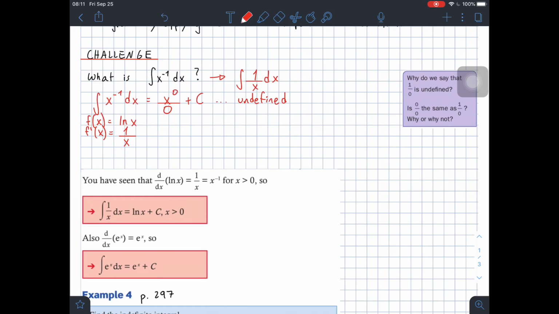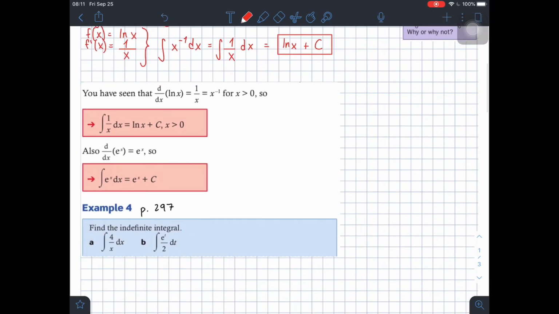Okay, so with this information, we can find the integral and say that the integral of x to the power of -1 dx, which is the same as saying the integral of 1 over x dx, is equal to natural logarithm of x plus c. And this would be the correct answer for this integral, okay?